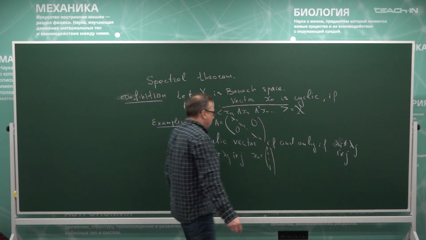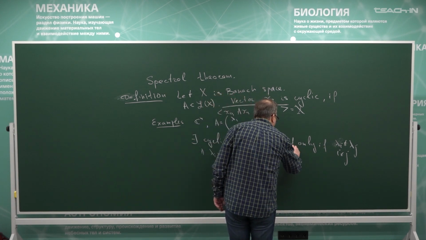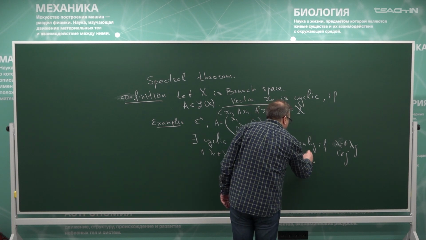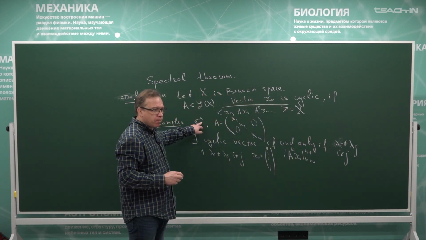Why? Because if I take the powers A^k x0, k from 0 to n minus 1, we have an n-dimensional space.